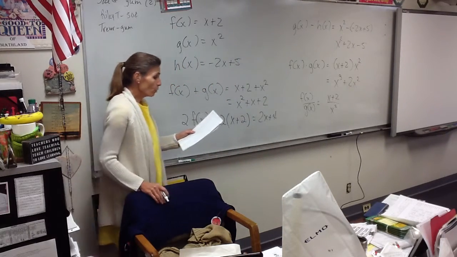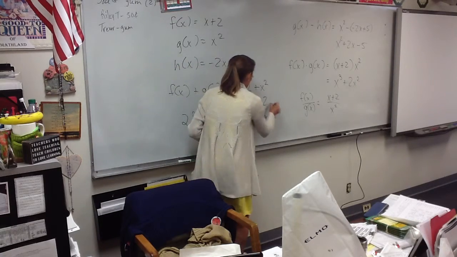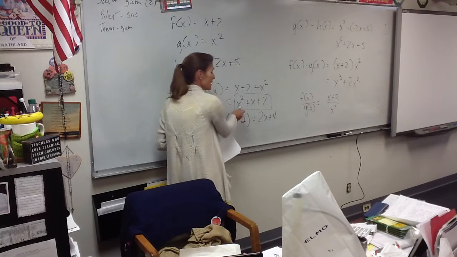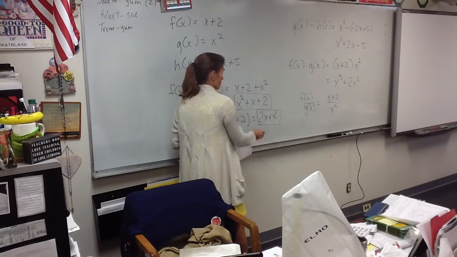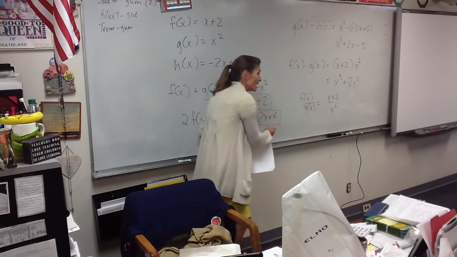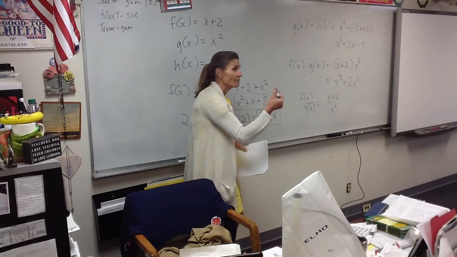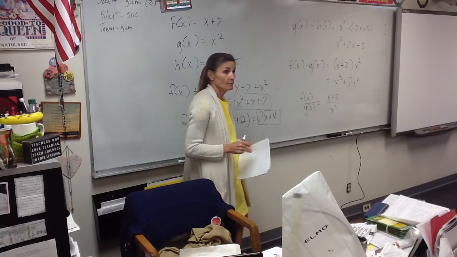All right. What's the domain of all of these answers that we got? So this was one of our answers. What's the domain? All real numbers. What's the domain of the second one? All real numbers. How do you not have all real numbers? You either have a denominator or you have a radical.